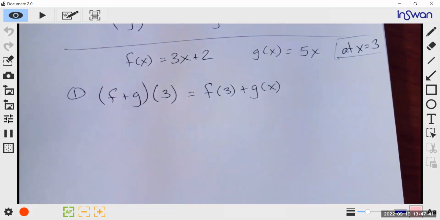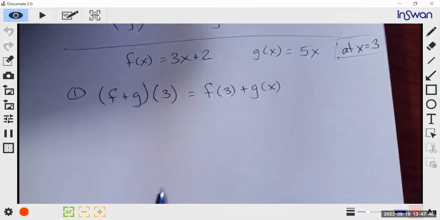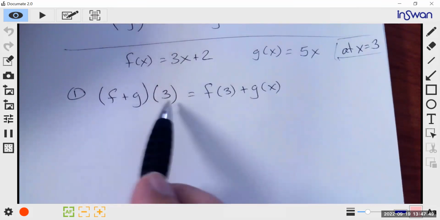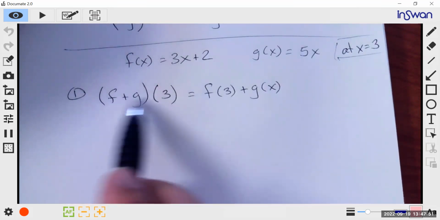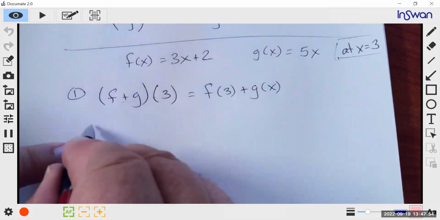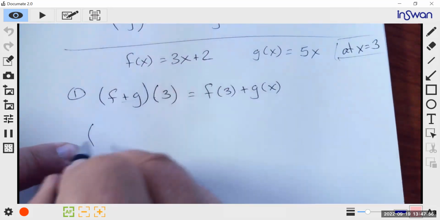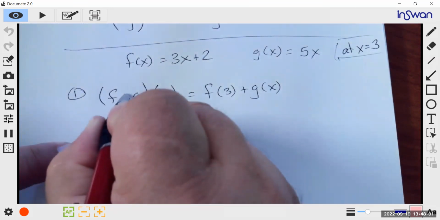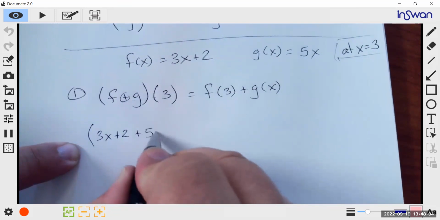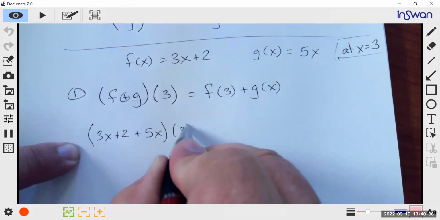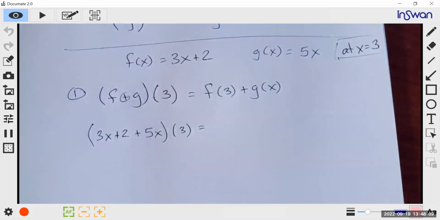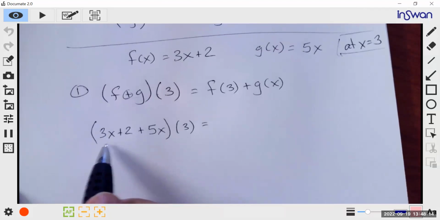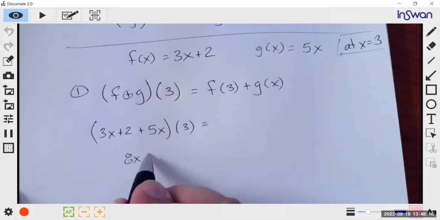So far, so good? All I'm doing is setting it up. What this first part tells me to do is I can add the two functions. So f is 3x plus 2 plus 5x. So 3x plus 5x is 8x plus 2.